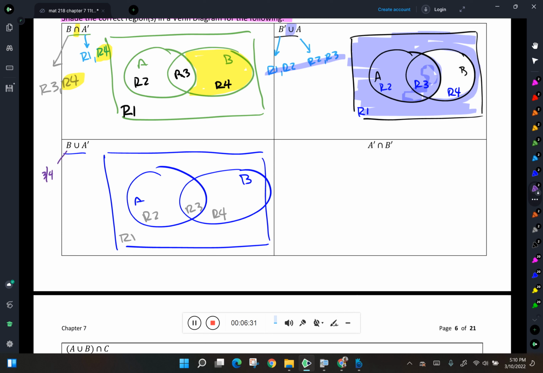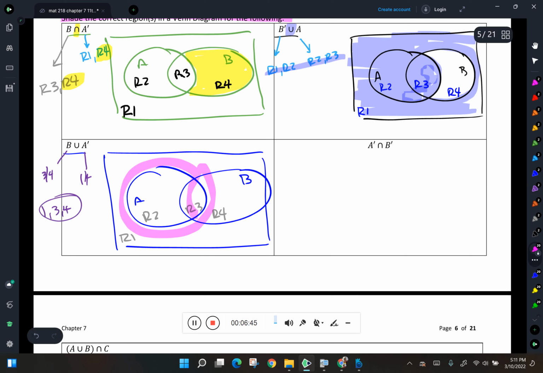A complement is 1 and 4. The union of those is going to be 1, 3, and 4. Region 1, Region 3, Region 4. So everything outside of Region 2. So all of this. It's not too bad. I can do this.